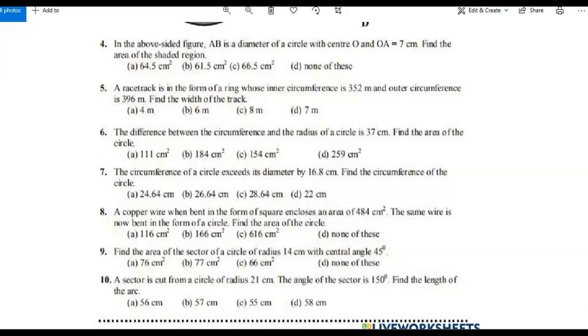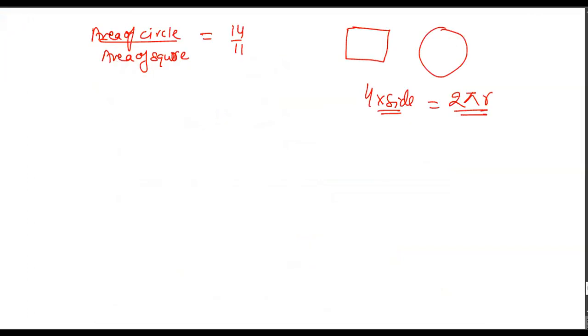You need to keep in mind that the ratio of the area of the circle to the area of the square, if their perimeters are equal, is 14 upon 11. Here 4 into the side of the square is equal to 2 pi r. Whenever a square or circle has the same perimeter, the ratio of the area of the circle to the area of the square will be 14:11, and I have proved this so many times in the previous classes.